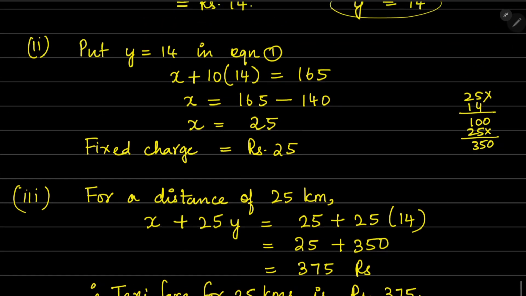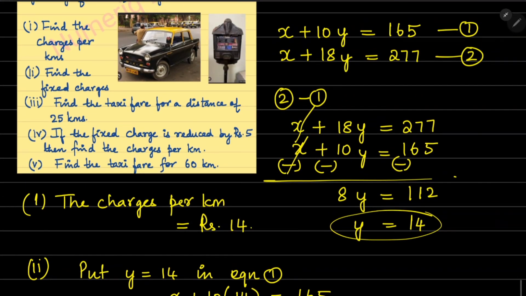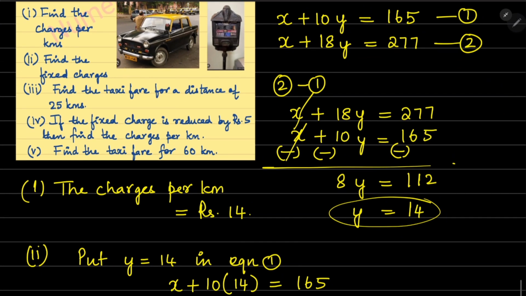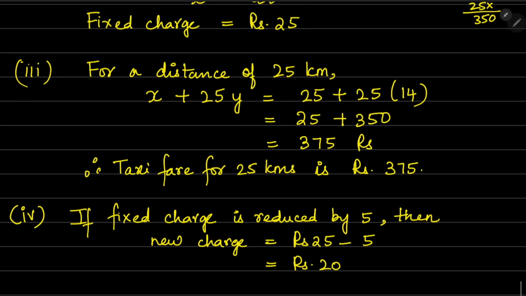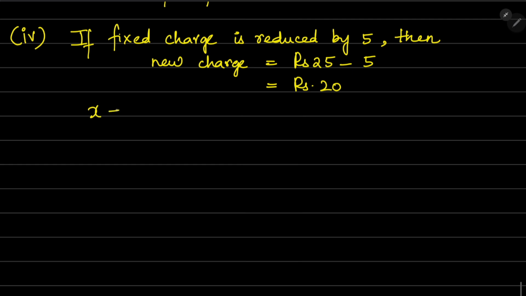Correct? Now, what is asked? In that case, suppose if your fixed charge is reduced by 5, find your charges per kilometer. You have to find y. So you can take any one of the equations, right? So let's take x plus 10y equal to 165. We had the first equation. Now what is the new fixed charge? 20 plus 10y equal to 165.